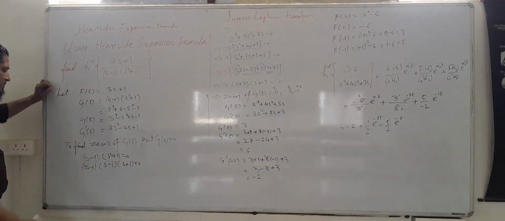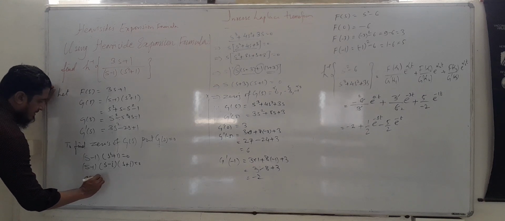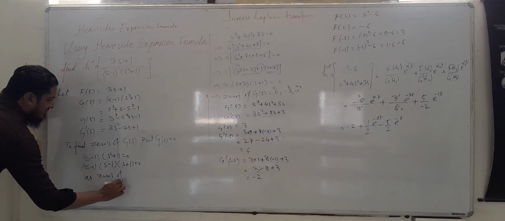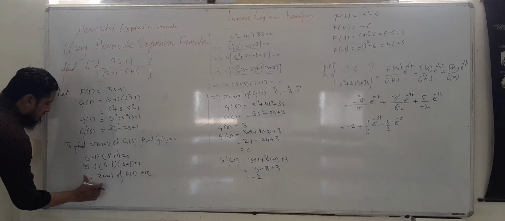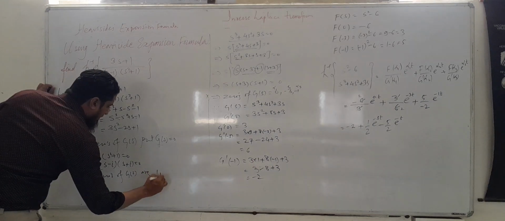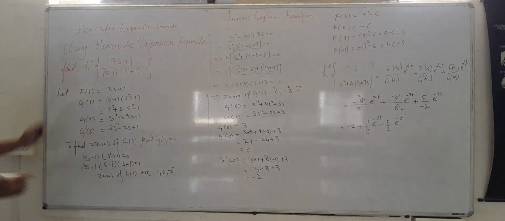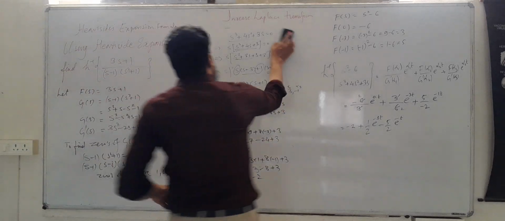Correct? So the zeros of g(s) are 1, plus i and minus i, where i is an imaginary number.